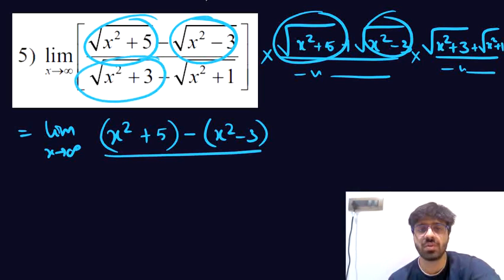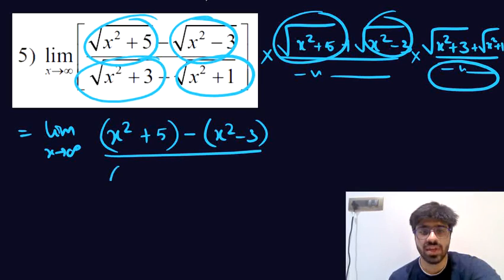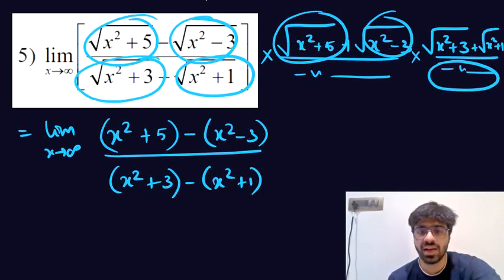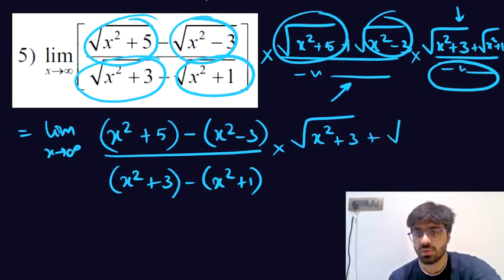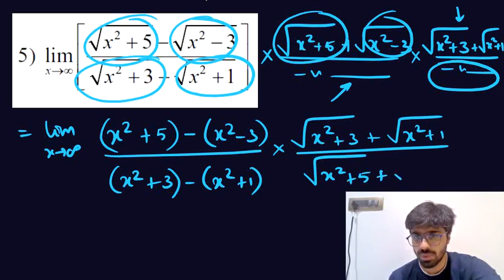In the denominator it will be a minus b into a plus b, that will be x square plus 3 minus x square plus 1, into, in the numerator you are left with this term and in the denominator you will be left with this term. So root over x square plus 3 plus root over x square plus 1, divided by root over x square plus 5 plus root over x square minus 3.